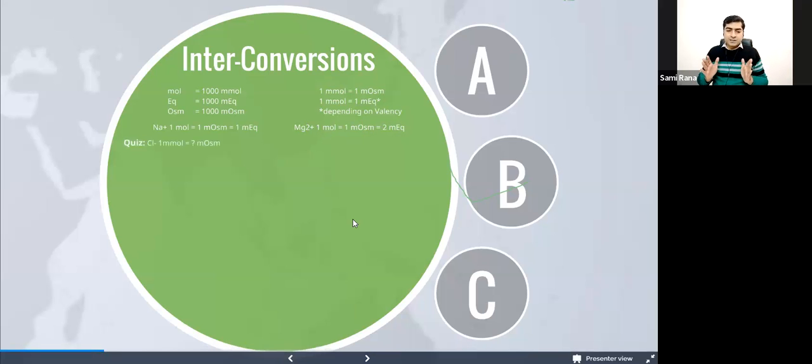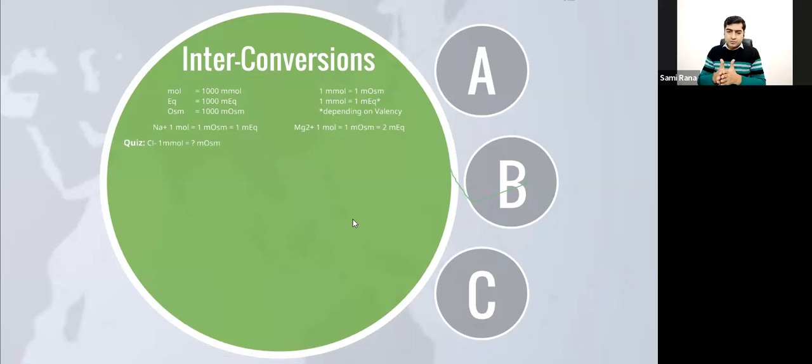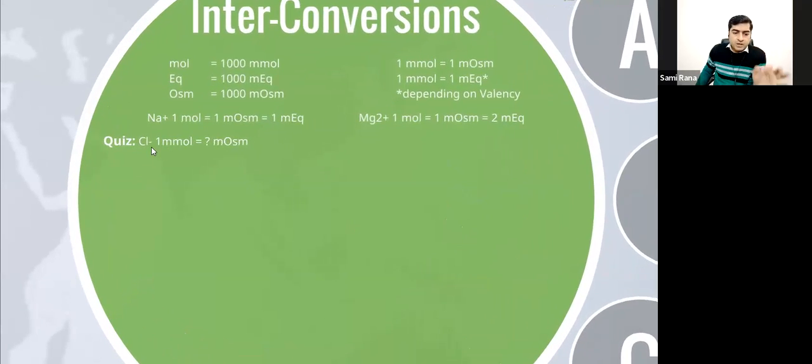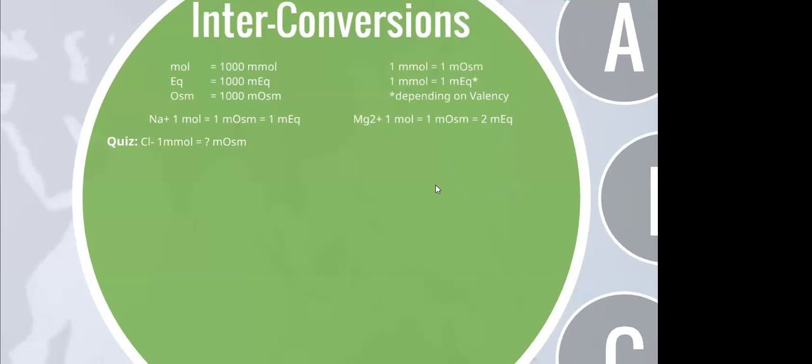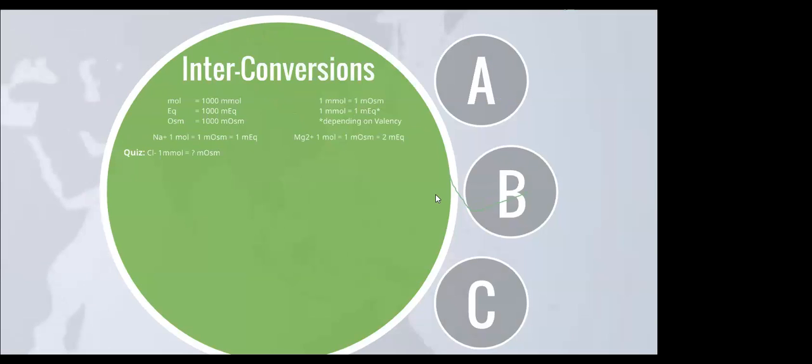Now here is a small quiz for you, so that I know that you have understood the things. The first question is, for a chloride ion or chlorine, 1 millimole equals how many milliosmoles? Who is going to answer this? Yes, one. 1 milliosmole.